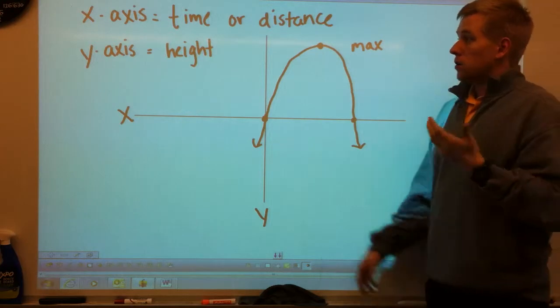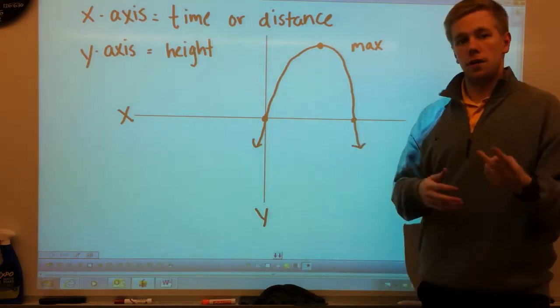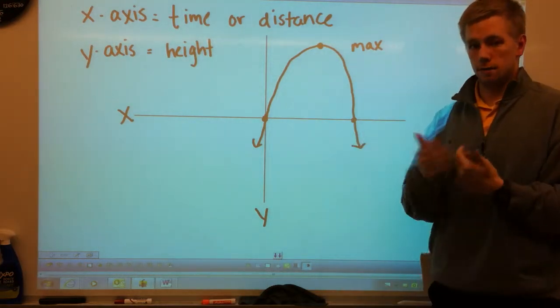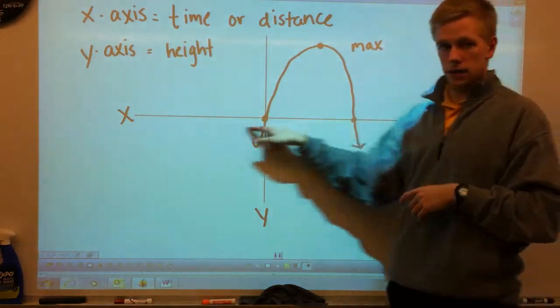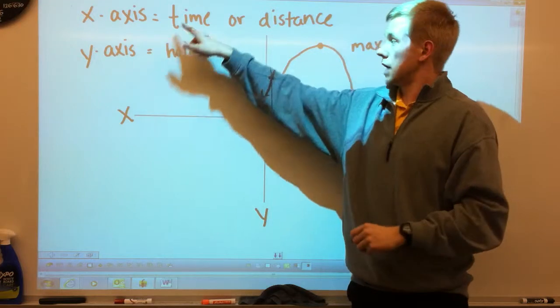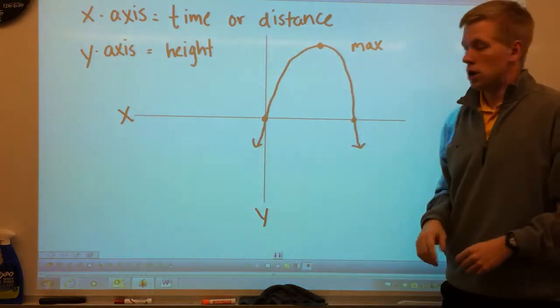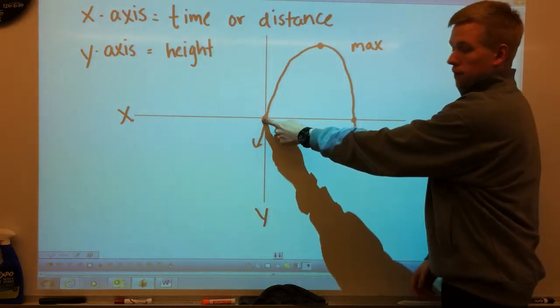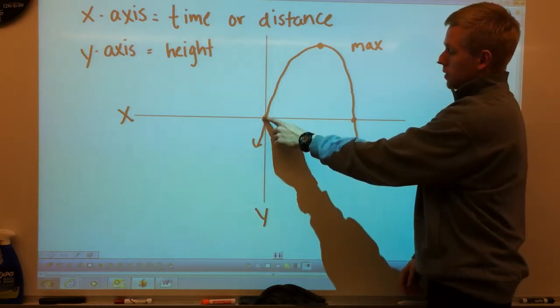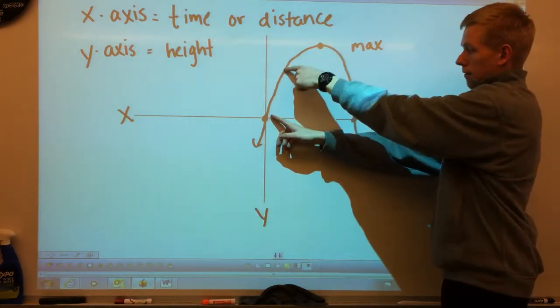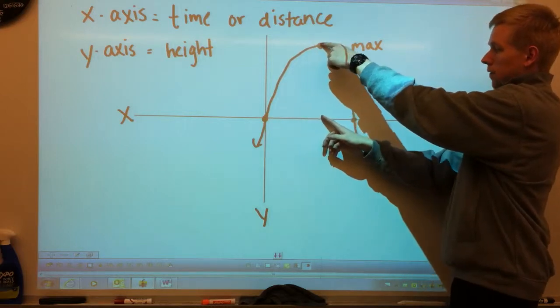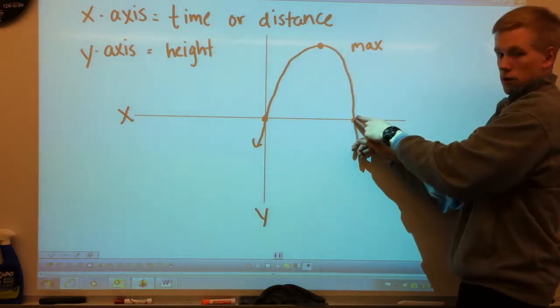Now, the two axes, they measure different things when we're talking about real life situations. The x-axis, which is this thing right here, the horizontal axis, normally is going to measure time or distance. So if I was throwing a ball in the air and I started from here and it hits the ground here, I want to see how long the ball is traveling in the air, how long is it taking for that ball to come all the way back down over here?